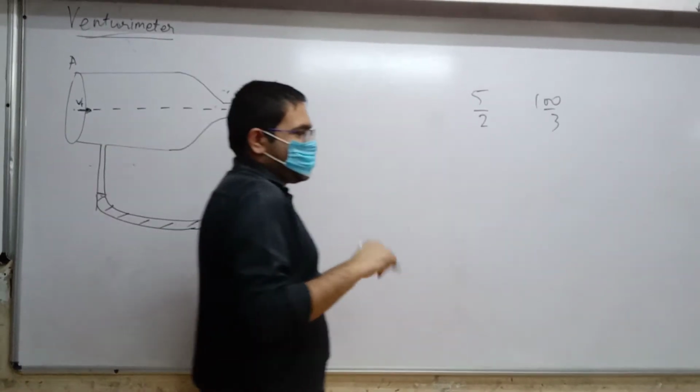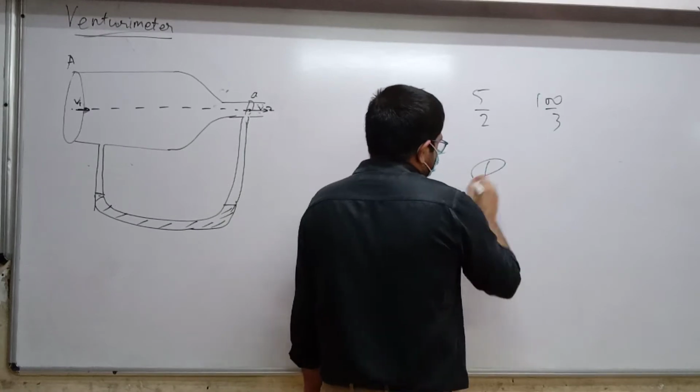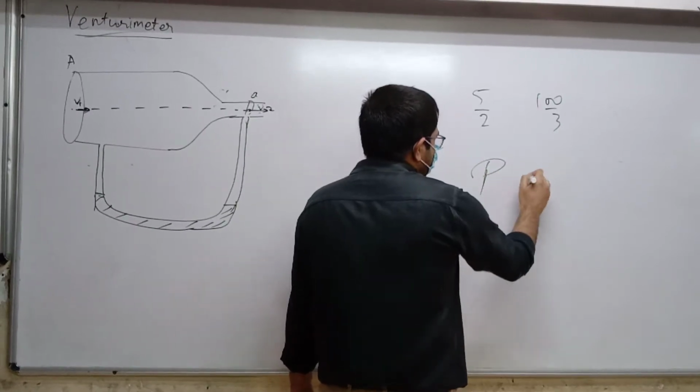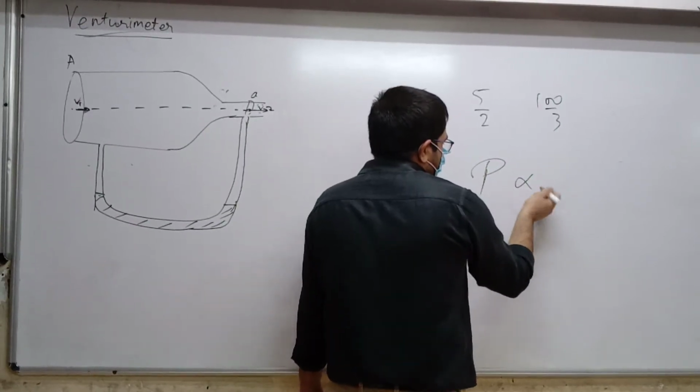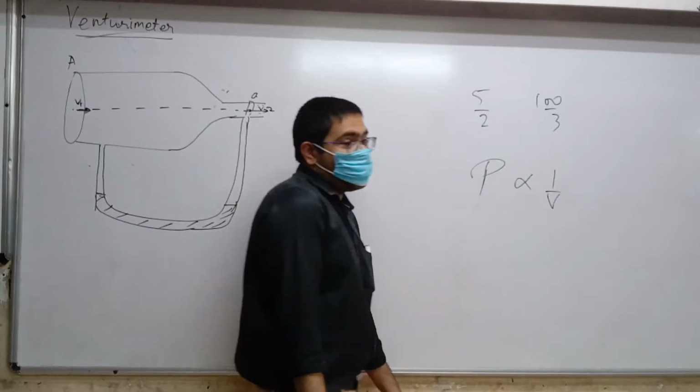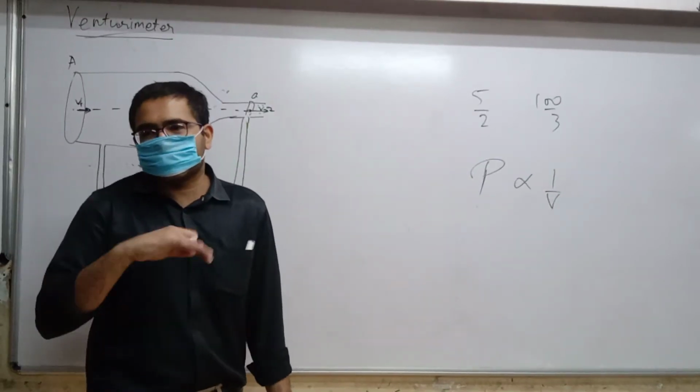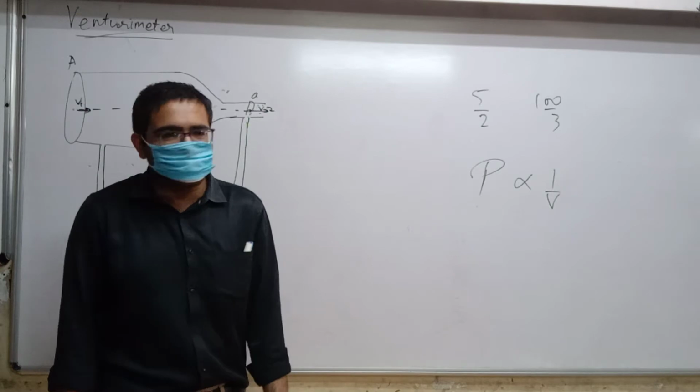Just like, because you are studying kinetic theory of gases and thermodynamics, would you say that pressure is always inversely proportional to volume? Pressure of a gas, is it always inversely proportional to its volume?